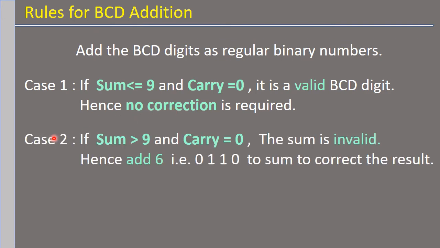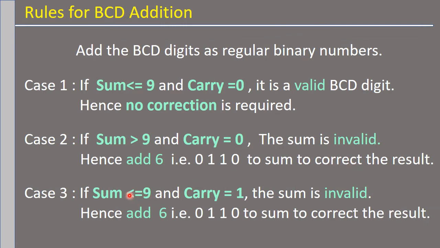In case number 2, the sum of 2 BCD numbers is greater than 9 and carry is equal to 0. That means the sum is an invalid BCD number. So we have to correct the sum by adding decimal 6, or 0110, to it. After this addition, we get the correct BCD sum. And finally, case number 3.